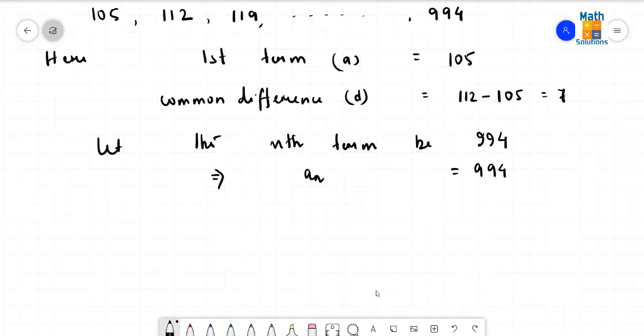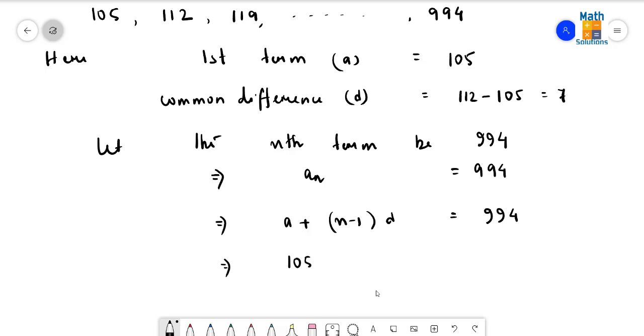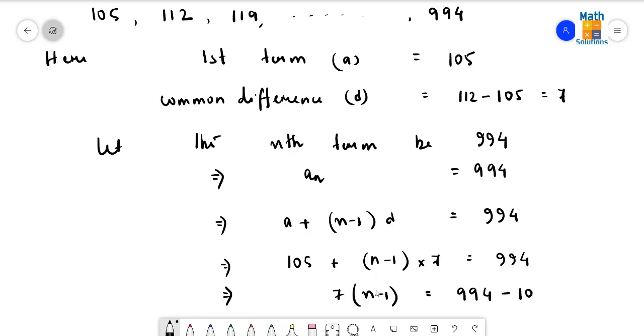So I can get here the formula a plus n minus 1 d, that is equal to 994. So in place of a, I can put 105 plus n minus 1 d is what, 7, is equal to 994. So after this, 7 into n minus 1, that is equal to 994 minus 105.